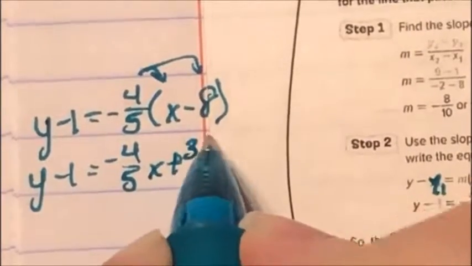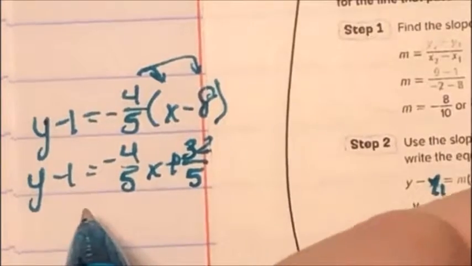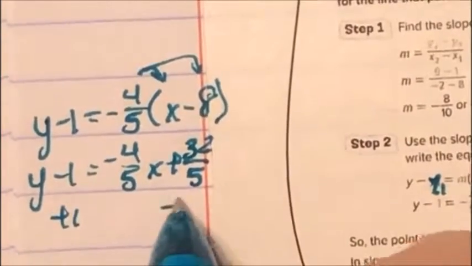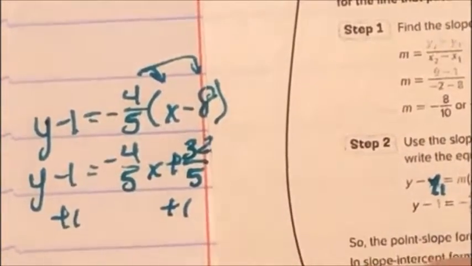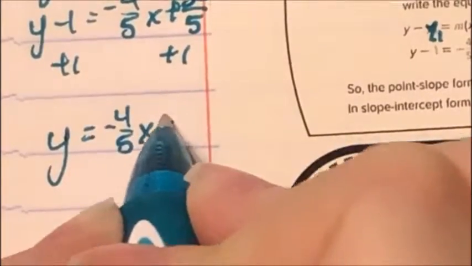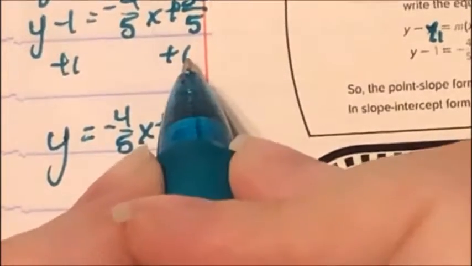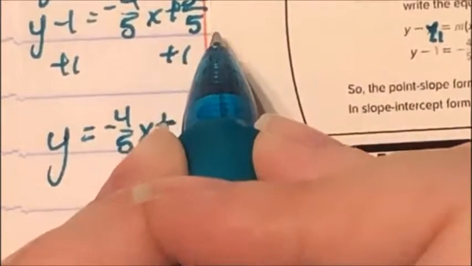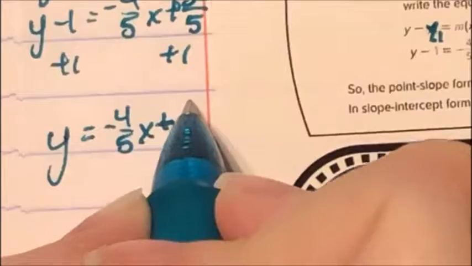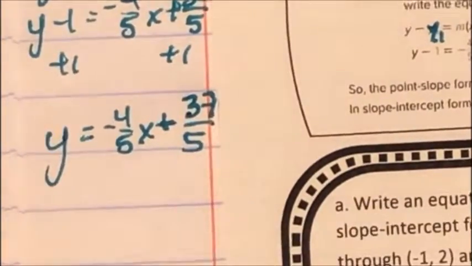It's going to be +32/5. Okay, I'm going to add 1 to both sides, so I get y equals -4/5 x plus, 1 I can change to 5/5, so that gives me 37/5. Okay.